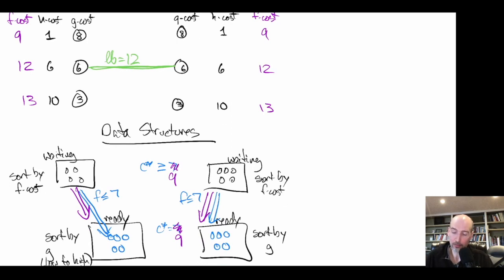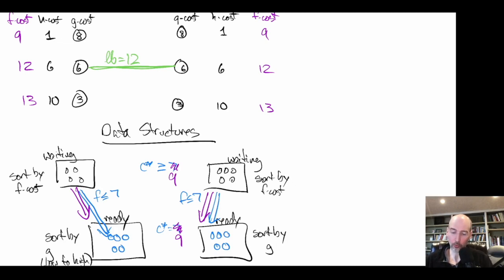I wouldn't want to be sorting by others. When I tie break by finding the lowest G here, it means that I can never find a shorter path to a state that's been expanded. When the F cost goes up, then the G cost is never going to get me a shorter path. So I always go from low G cost to high G cost, and I can't find a shorter path to another state that's already been expanded. This is analogous to what happens in A star.